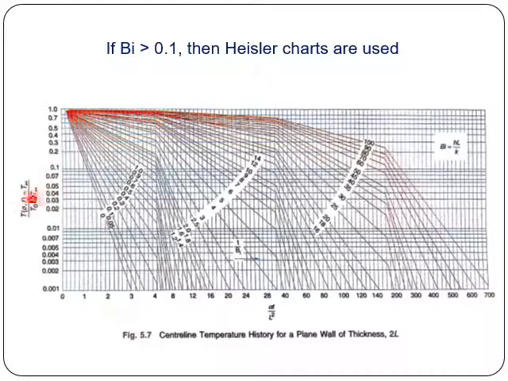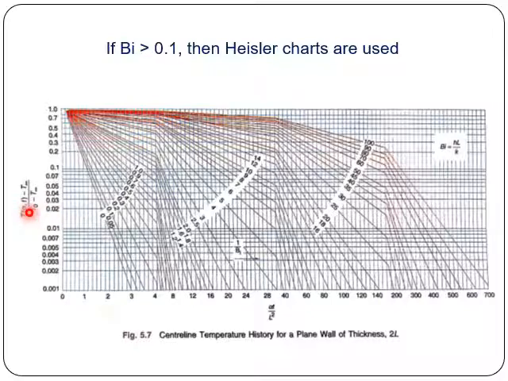Suppose I get this value as 0.01. Once I get that ratio, I then substitute initial temperature and atmospheric temperature, and I'll get temperature at x equal to 0 at given time.